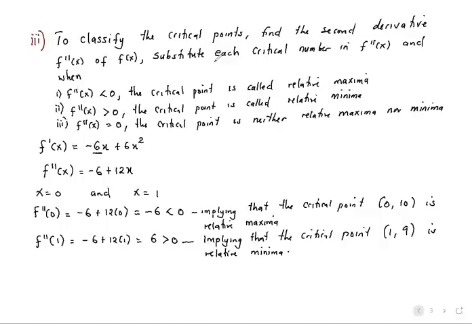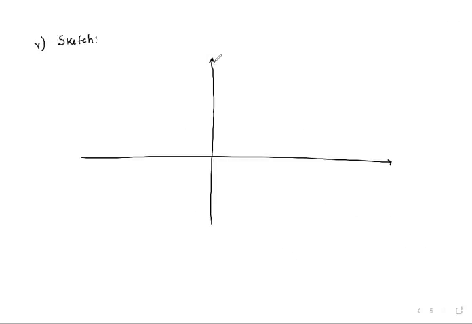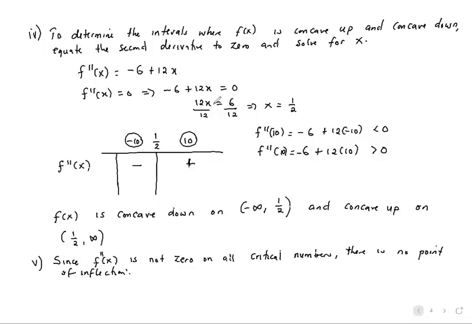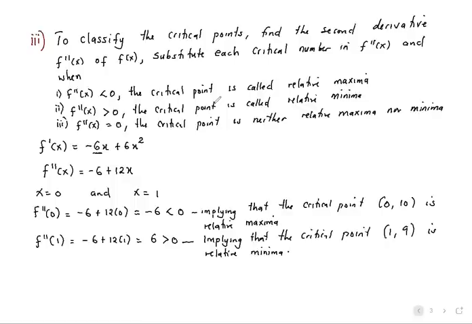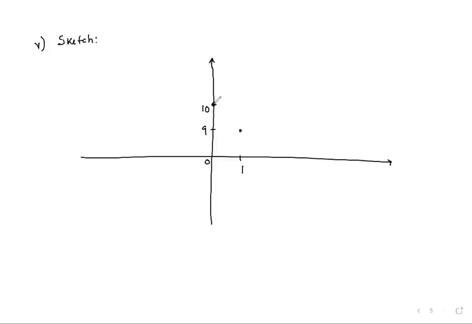We have 0, 10 and we also have 1, 9. And we said 0, 10 is a relative maximum, so for it to be a maximum, this is what we had. And then the other one is a relative minimum. This is what we have.